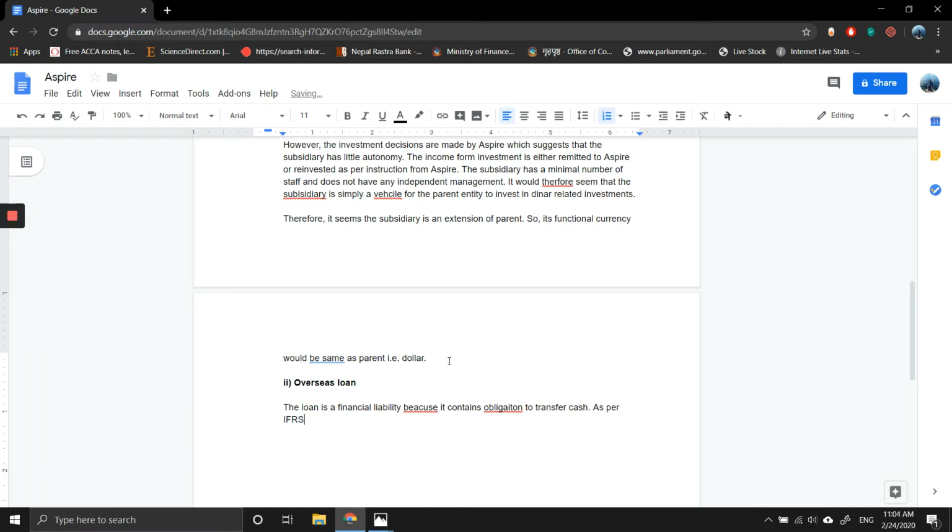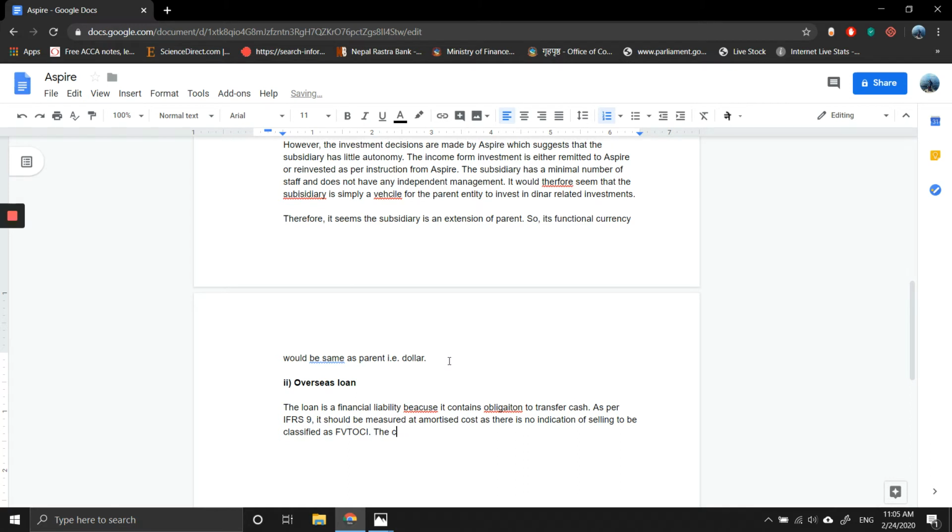As per IFRS 9, it should be measured at amortized cost, as there is no indication of selling, so it is not to be classified as fair value through OCI, right?